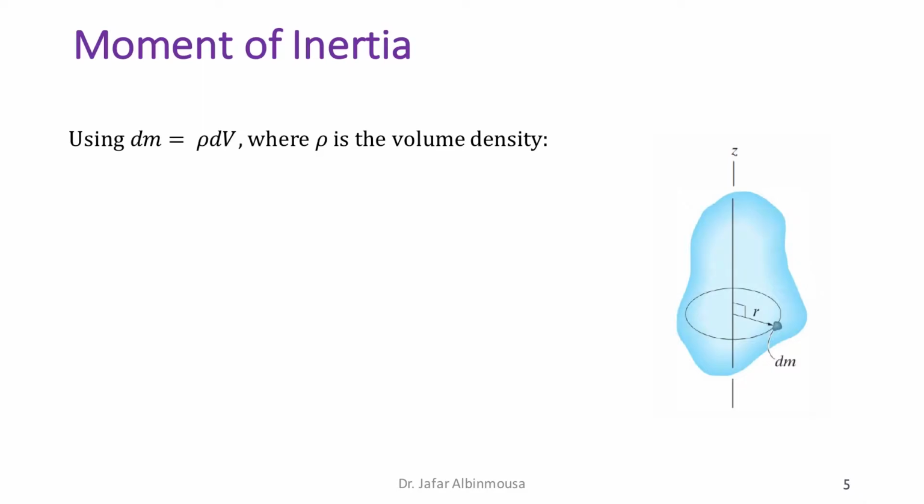We know that mass equals the density by volume, so we can use this as the mass element, dm equals the density rho multiplied by the volume element, and for that we can rewrite or express the moment of inertia I using volume and density, and in here we have to integrate over the volume r square rho dv.